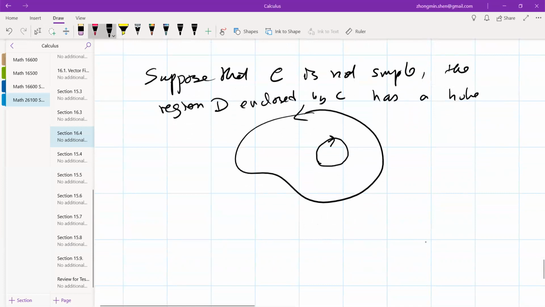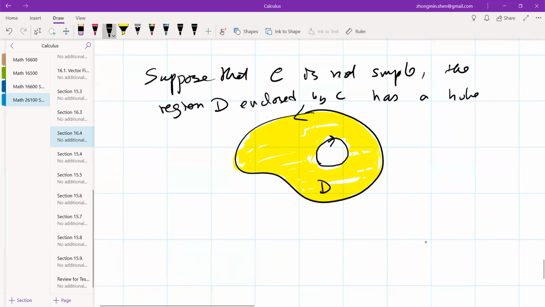So this is a domain. Yeah, so this is a D. So there is a hole here, okay? So this domain D has a hole there, okay?